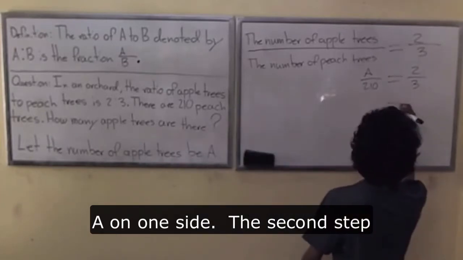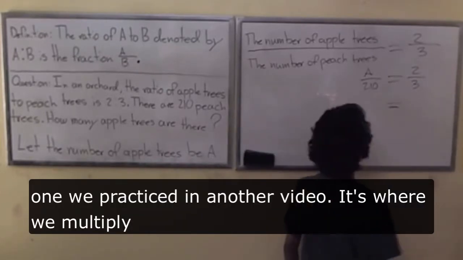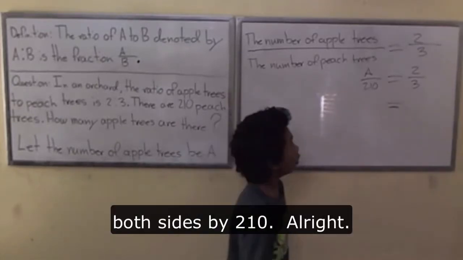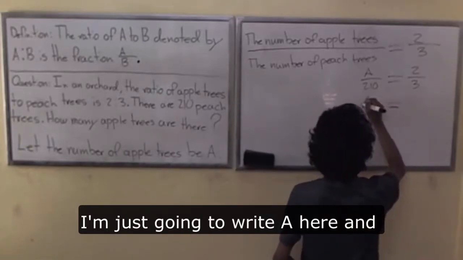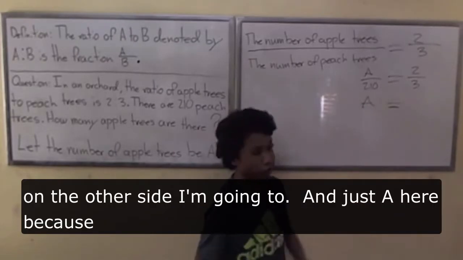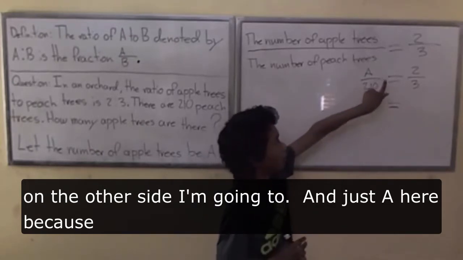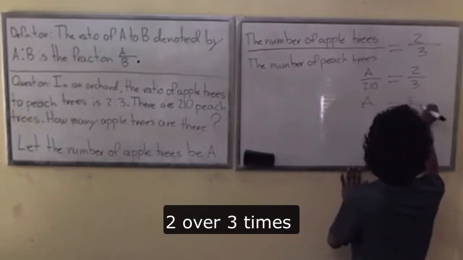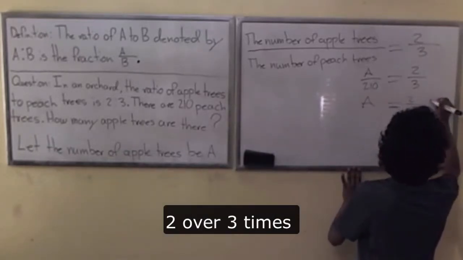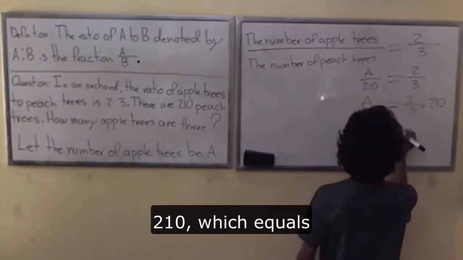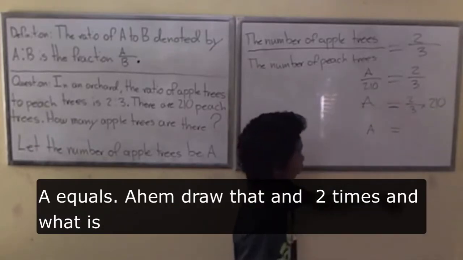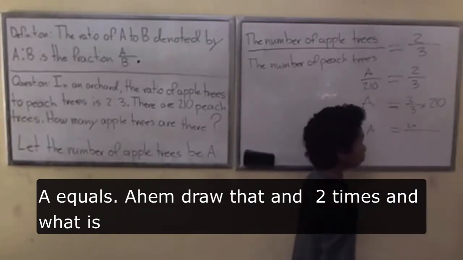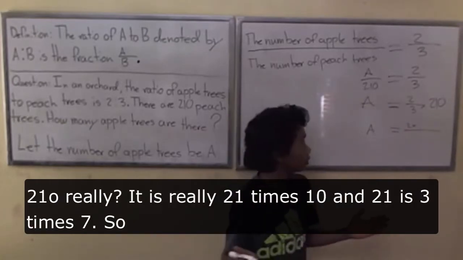Alright, the second step is one we've practiced in other videos. It's where we multiply both sides by 210. I'm just going to write A here, and on the other side, 2 over 3 times 210, which equals A. And what is 210 really?